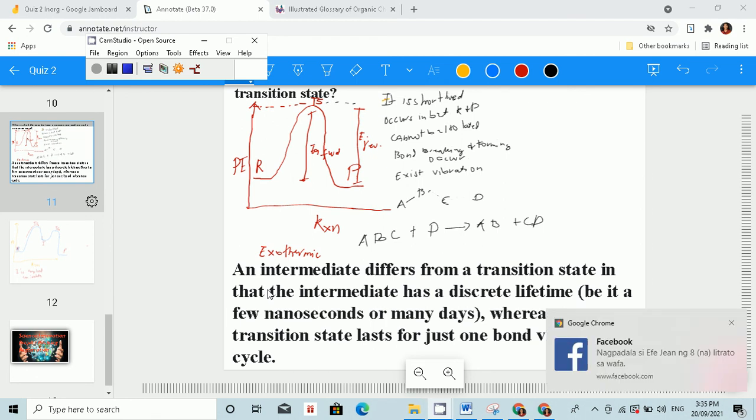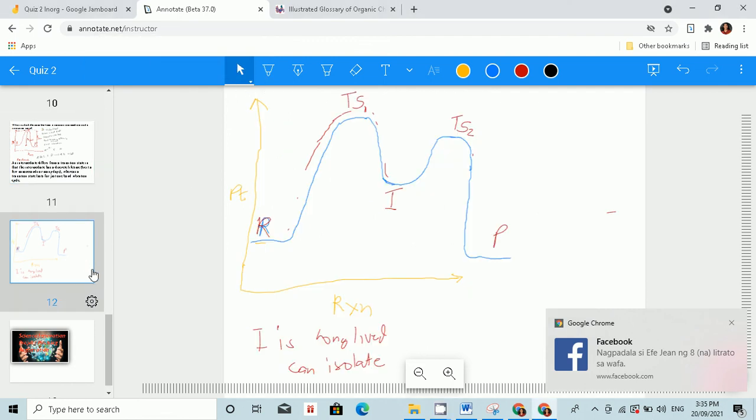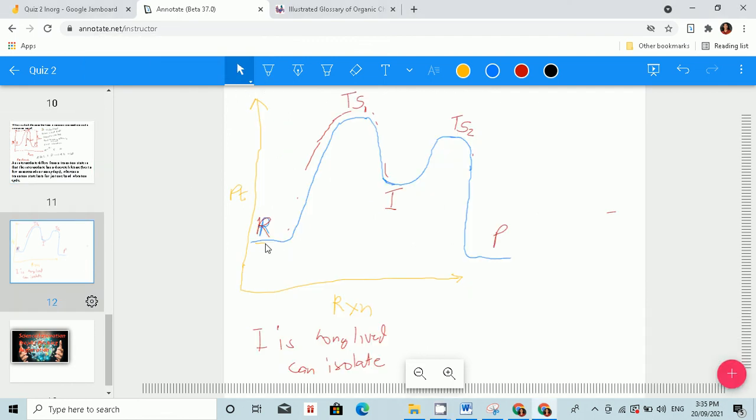As long as you get the point, then give yourself a point. Okay. So just remember that the TS is the one in the up, the upper, while the intermediate is the one on the down, the lower.